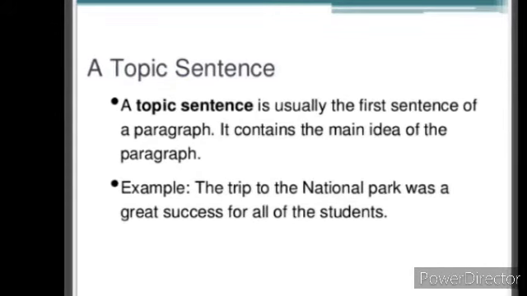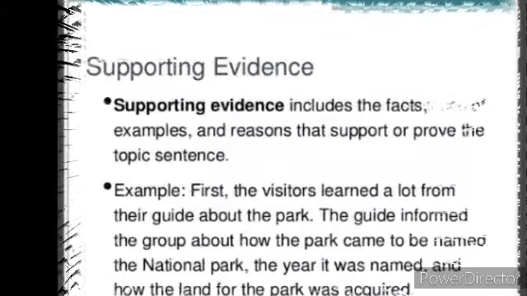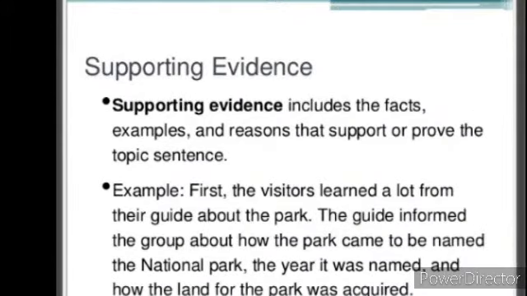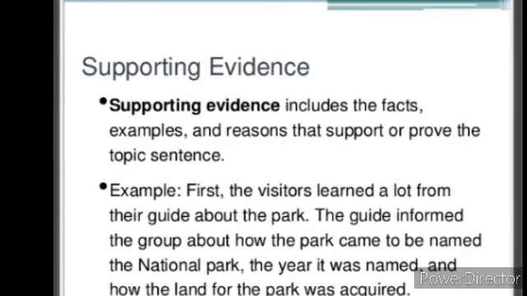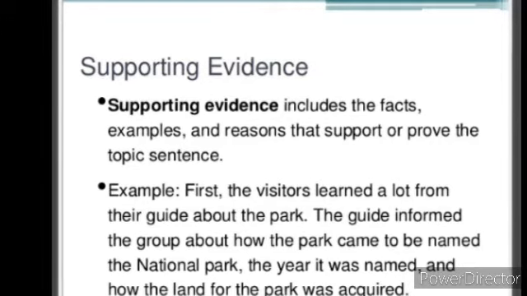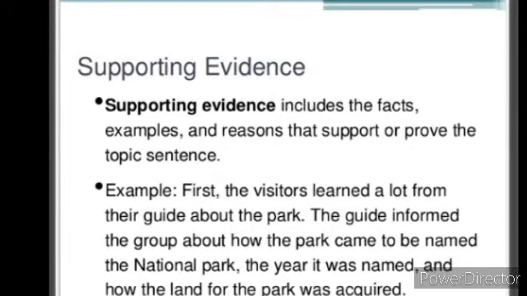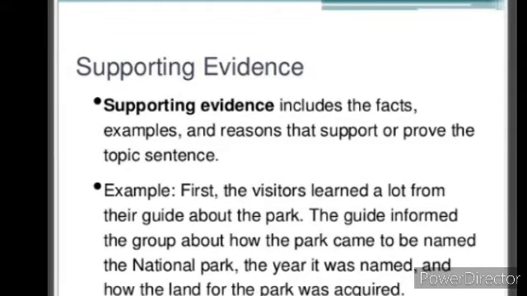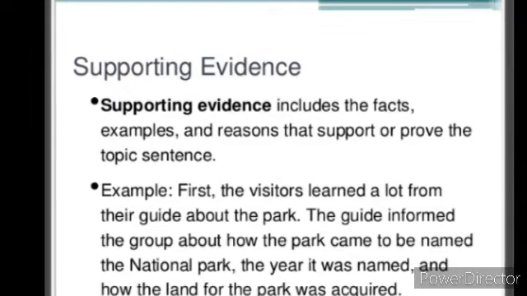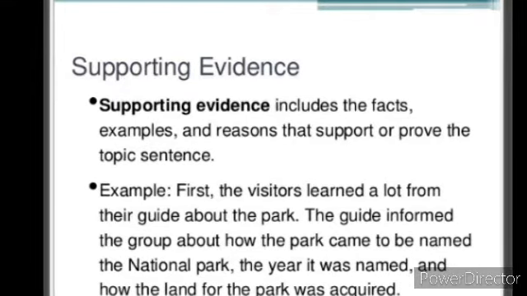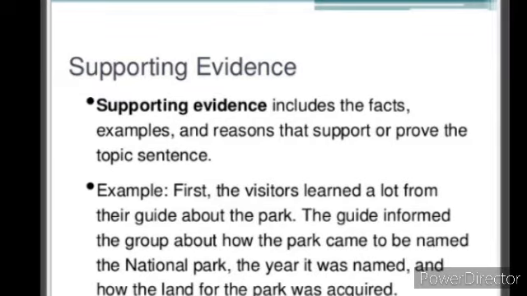The next step of the paragraph writing is called at least 3 pieces of supporting evidence. Let's talk about supporting evidence. The supporting evidence especially includes the facts, examples, and reasons that support or prove the topic sentence.